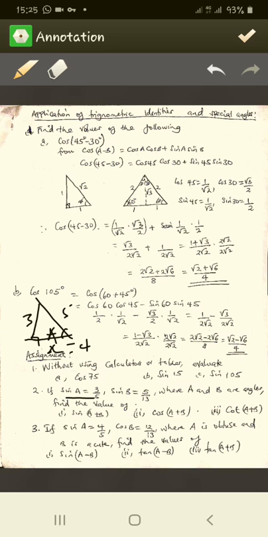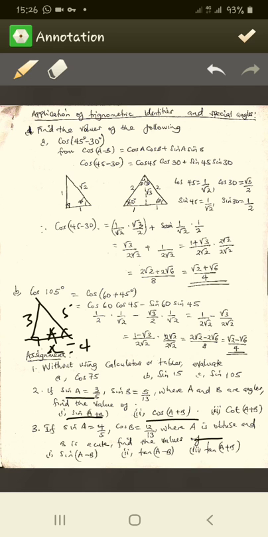Then when you get the value of sin A plus B, and we get the value of cos A plus B, to get cot, you know cot is cos out of sin, so you should do that one. Here they are telling you that A is obtuse. Obtuse is greater than 90, so it means A is an angle which is greater than 90.